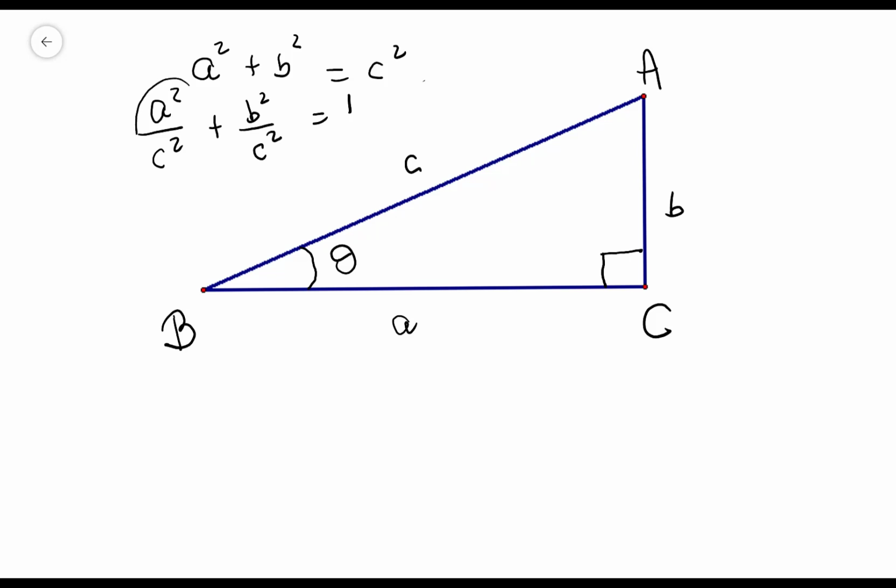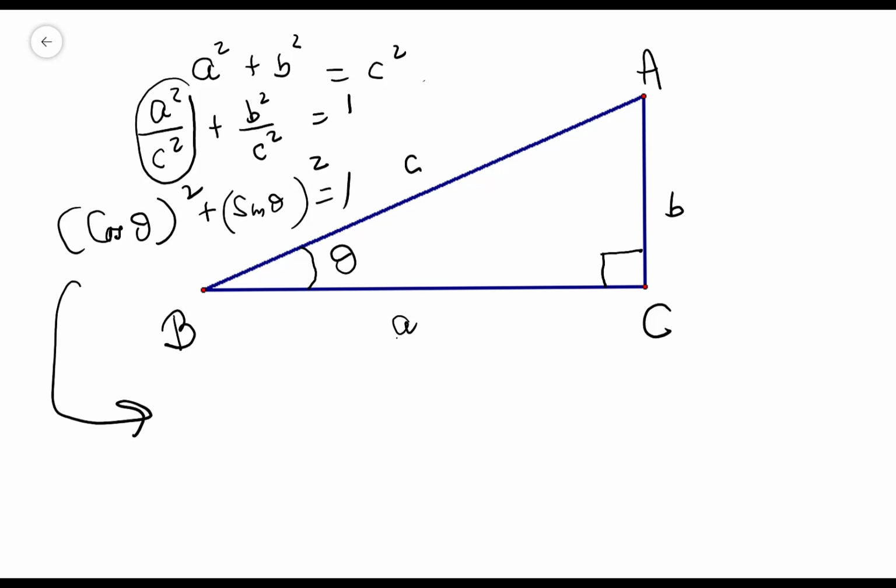And what is this quantity? This quantity is the square of the cosine function because a divided by c is cosine of theta. Likewise, this is the square of the sine function.